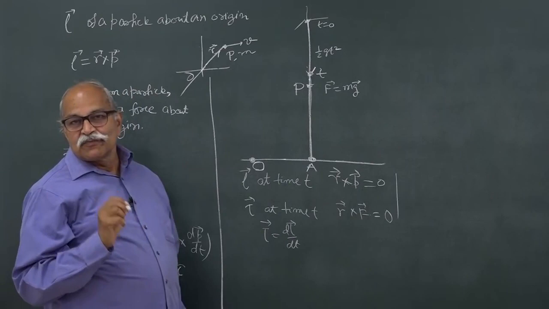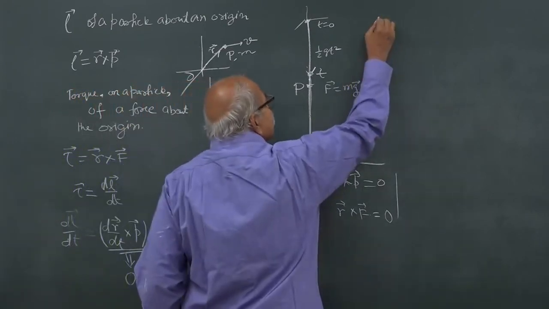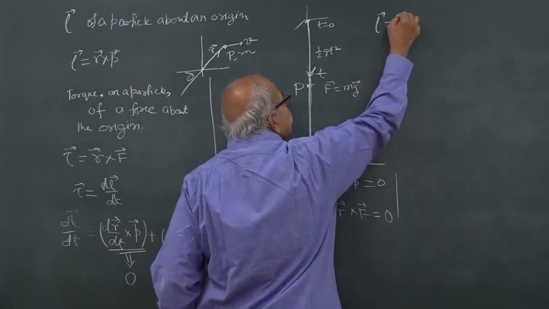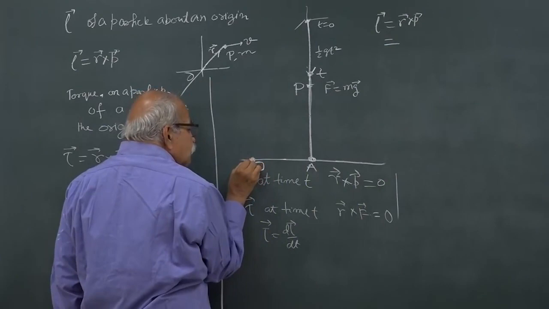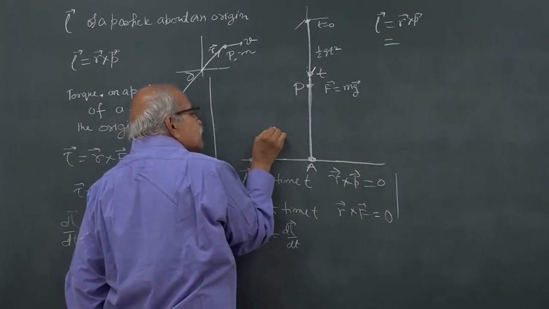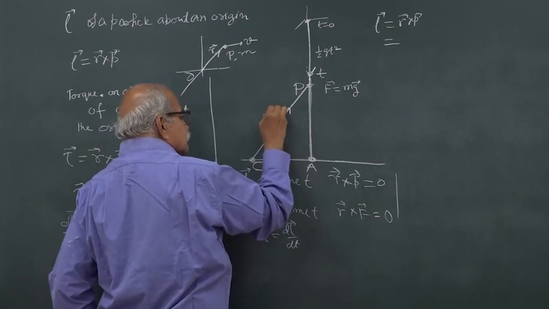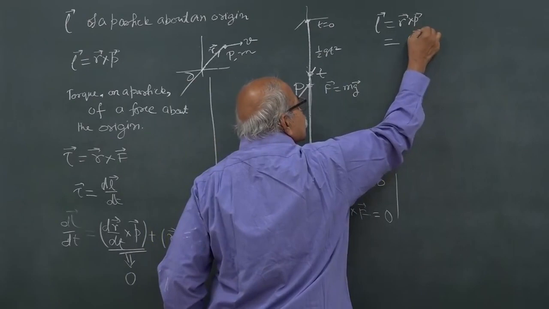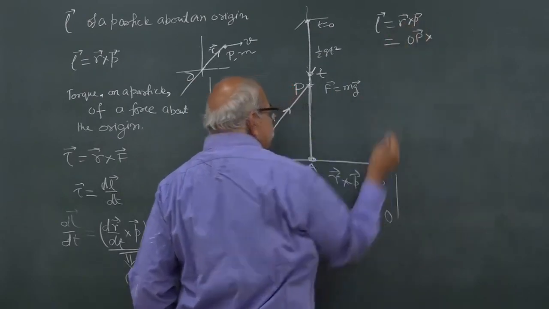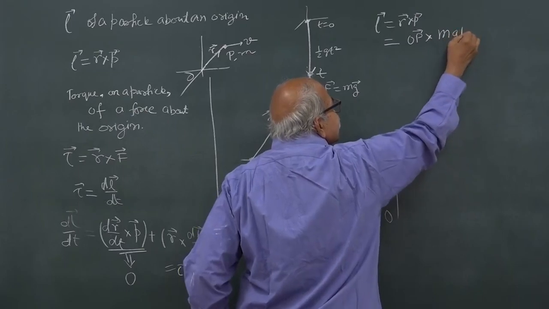Now, what is the angular momentum? Is it 0? The angular momentum L is r cross p and r vector is from the origin to the particle. So, this is r vector OP, OP cross product with p vector, mass times velocity. What is velocity?